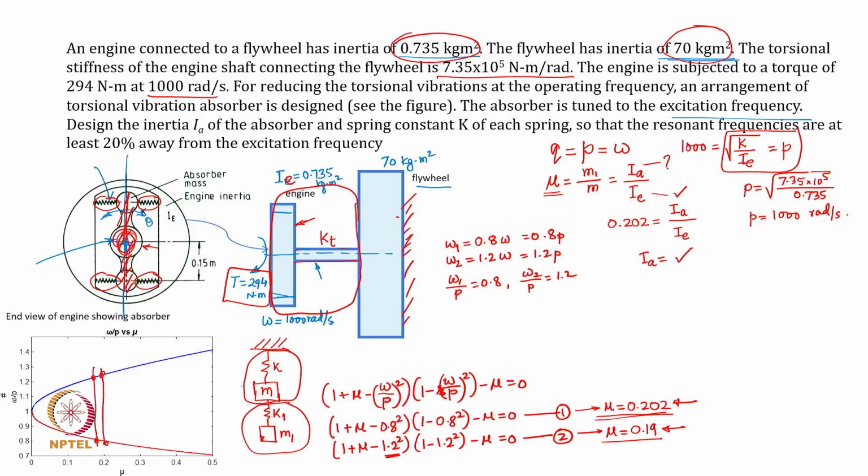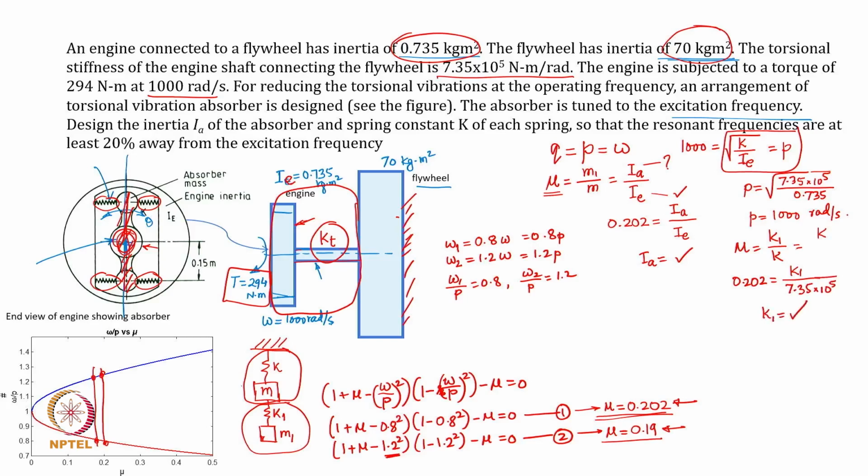You know that mu is also K1 by K, which means 0.202 is equal to K1 over K, where K is that of the parent system, the torsional stiffness of the shaft, which is 7.35 to the power 5. So from this I can get the stiffness of the absorber.